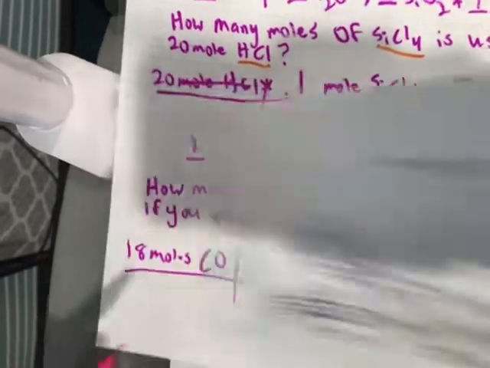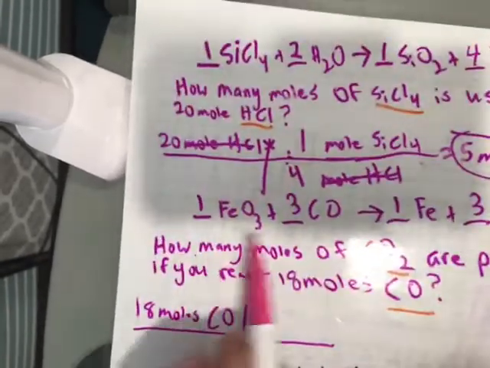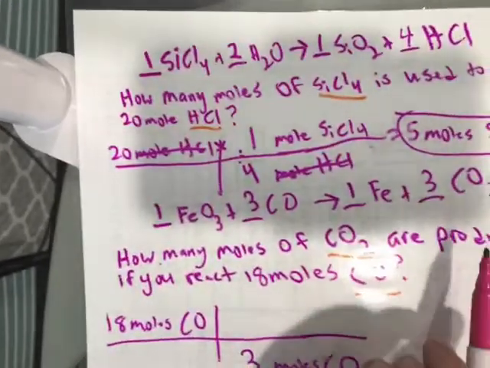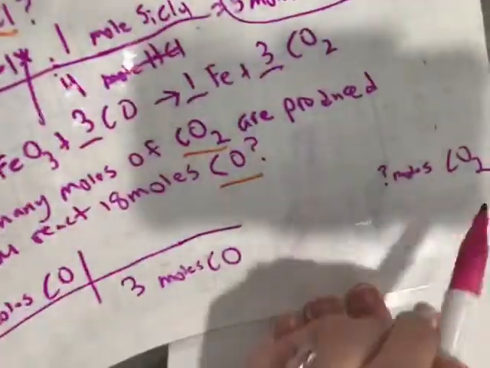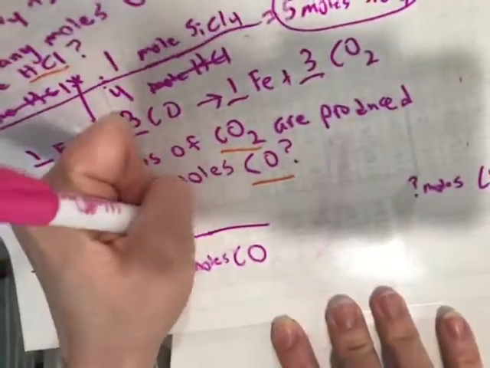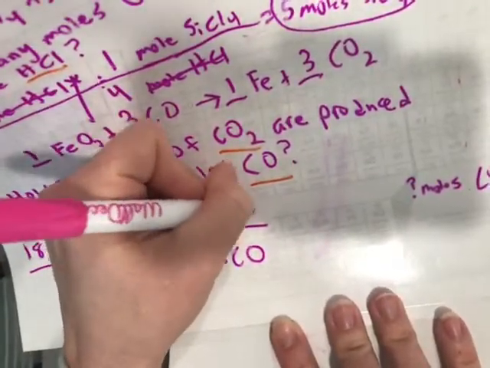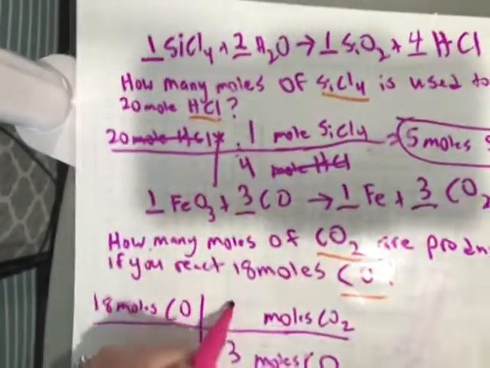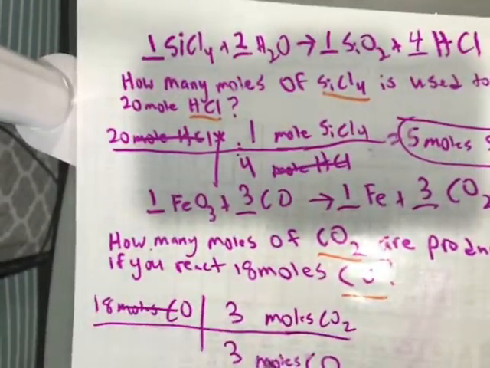I'm going to look up my moles of CO, right there, 3, and my moles of the other thing I want, moles of CO2, from my balanced equation, in this case also a 3. My moles of CO cancel.